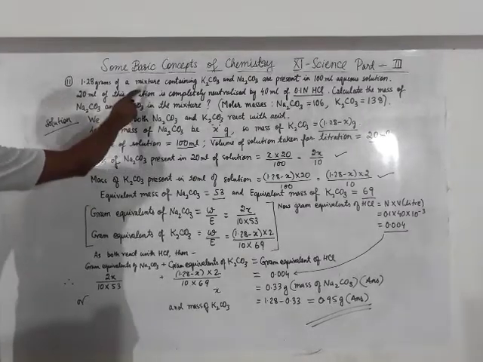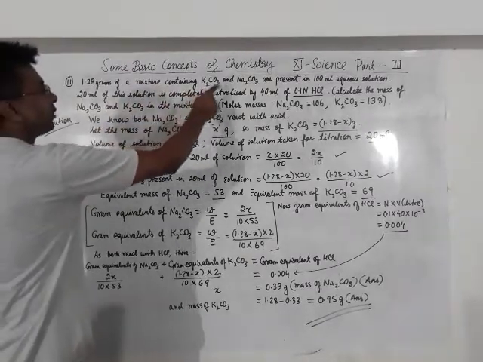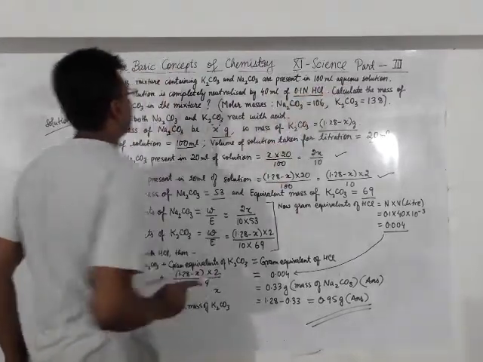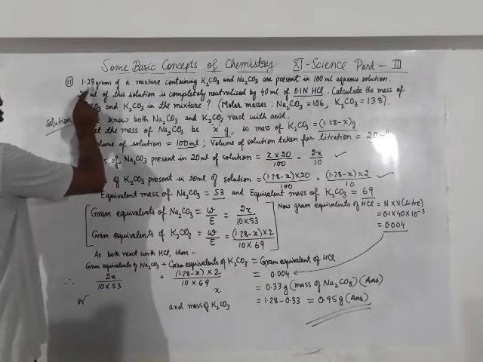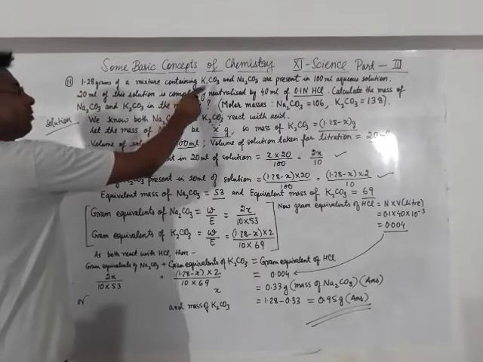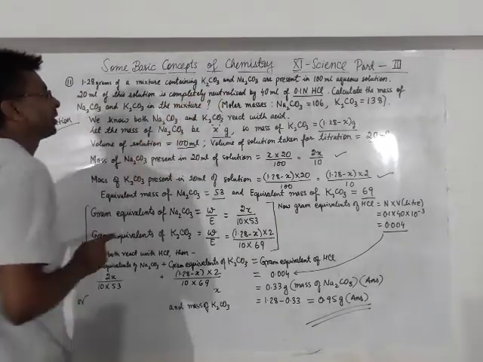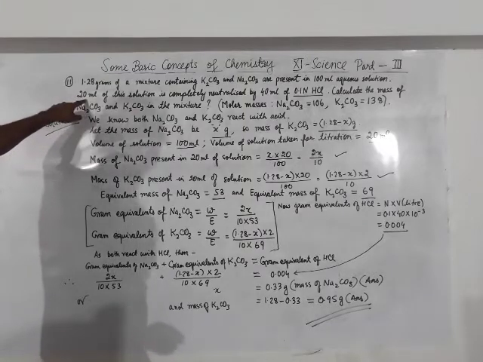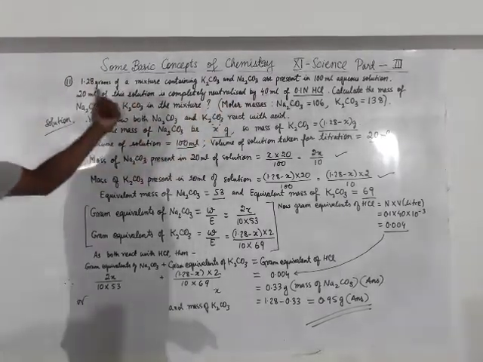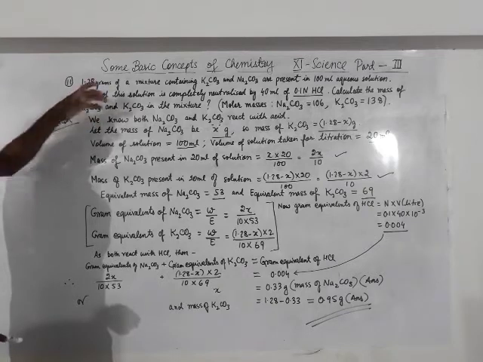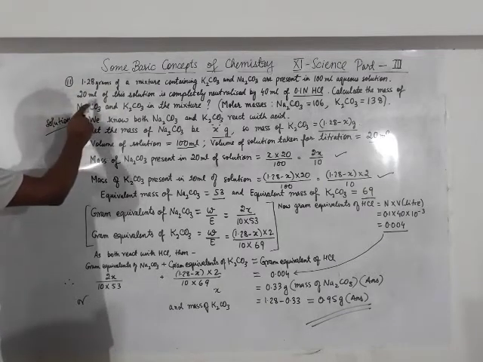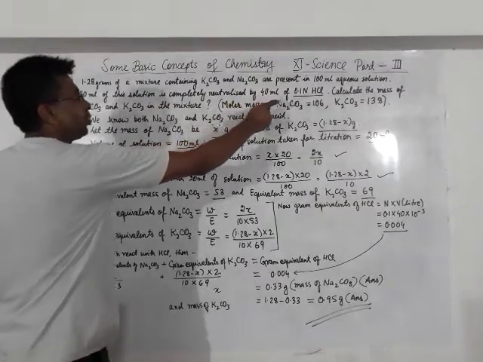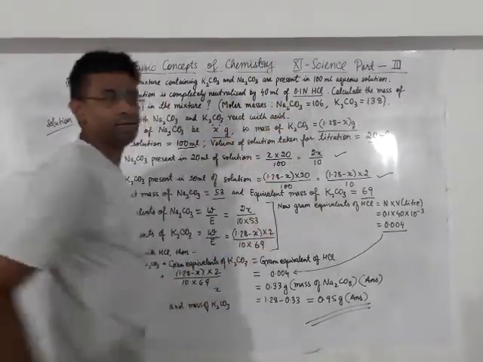Now, 1.28 grams of a mixture containing potassium carbonate and sodium carbonate are present in 100 ml aqueous solution. This 1.28 grams is the mass of the mixture of potassium carbonate and sodium carbonate. Then, out of this 100 ml aqueous solution of sodium and potassium carbonate, 20 ml is taken out. 20 ml of this solution is completely neutralized by 40 ml 0.1 normal HCl.